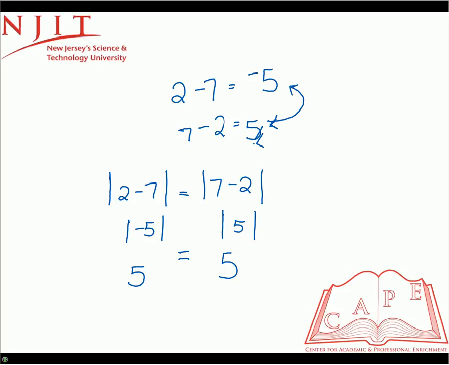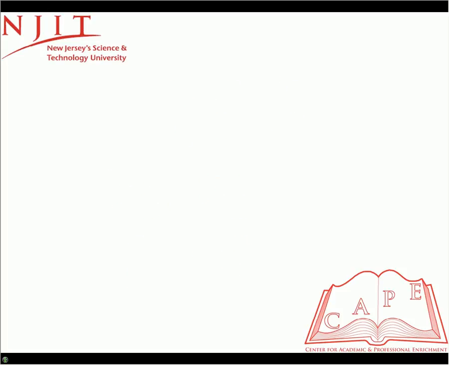Now the final order of operation would be addition. Now it's not the same as subtraction where they actually come out equal. There's something called the triangle inequality property, which applies to absolute value when you have addition.